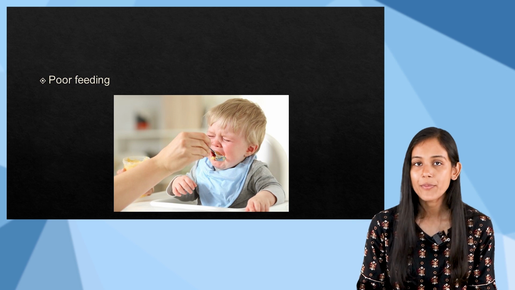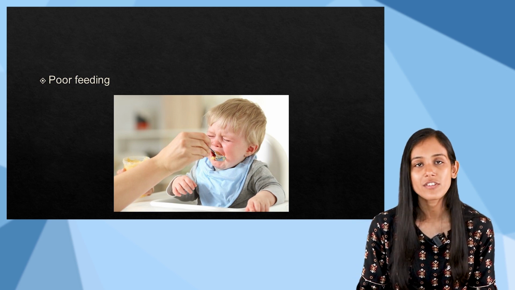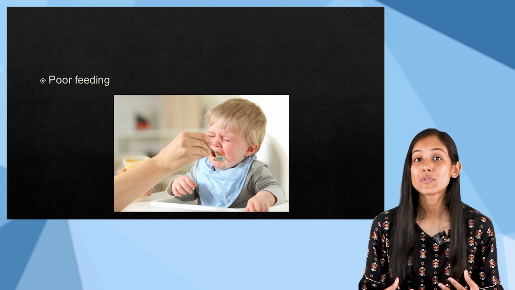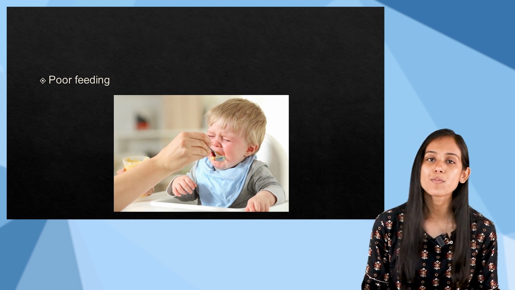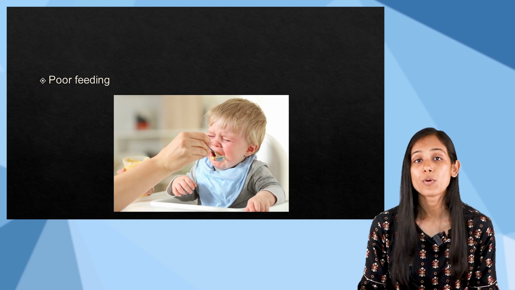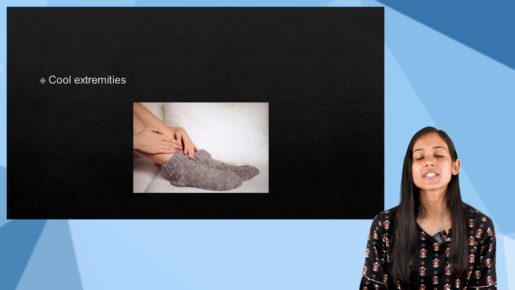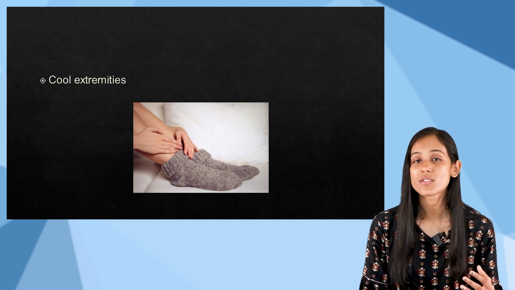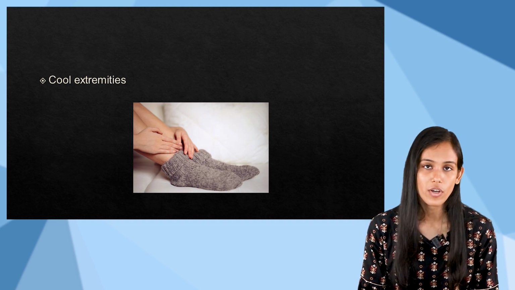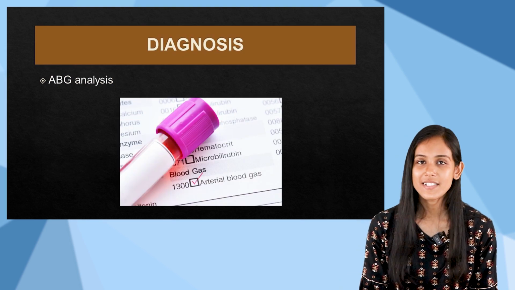And if there is no oxygen, the child won't be able to use that energy. So that's the reason there will be poor feeding. And if there is poor feeding, the child will have poor growth. And apart from these, you can also see cool extremities. Again, the reason is the same, because the baby is not receiving any amount of oxygen. So these were the signs and symptoms.